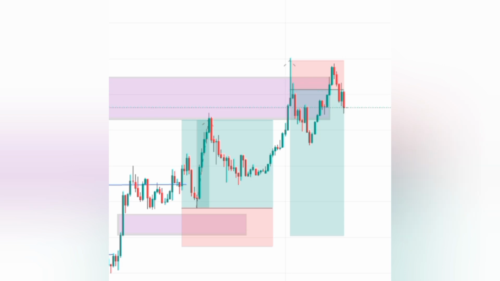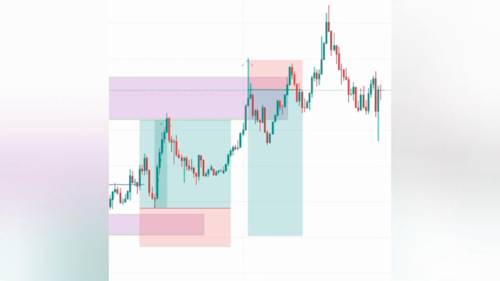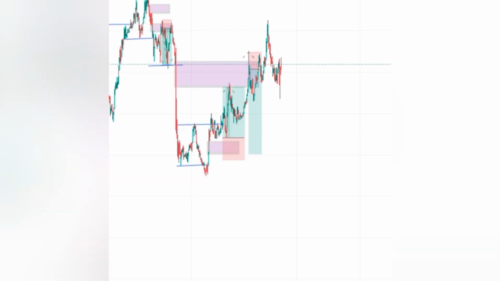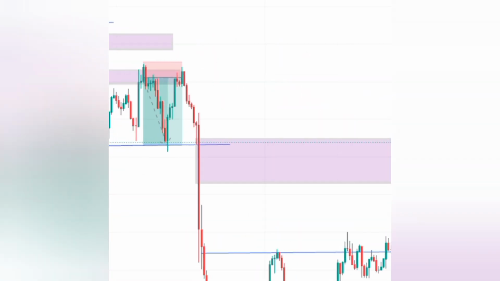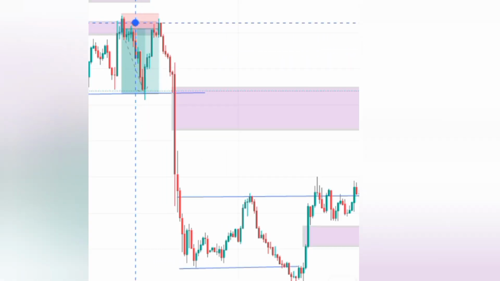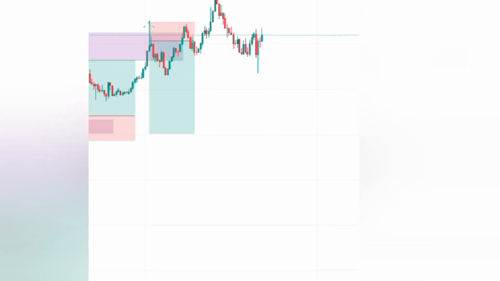So now that zone was used as liquidity. That fair value gap was used as liquidity, and the market was just targeting a resistance zone. There was a resistance zone right here. Sometimes not all the trades will go in your direction. Can you see this resistance zone this market was targeting?